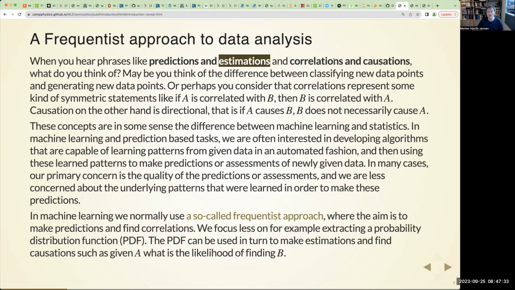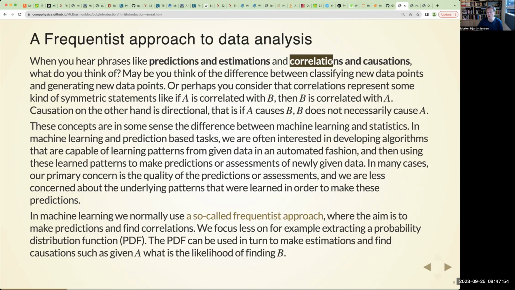And when you have a probability distribution, you can also look at causations. So that means that what is the probability of B given A, and what is the probability of A given B, for instance. So we will mainly stay with predictions and correlations in the data sets.